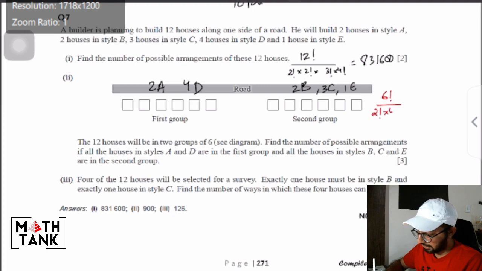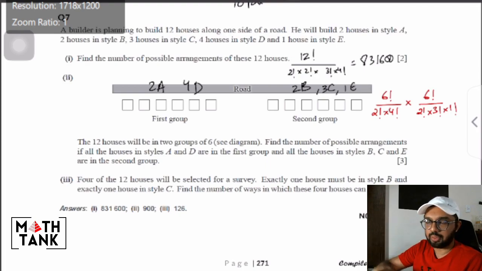So the first group had 6, so 6 factorial, but there were a lot of identical ones, so 2 factorial into 2 factorial. But you see now the event is not complete, so you don't add, you multiply. You multiply till the event gets completed, and the event will get completed when I arrange the other set as well. So 6 factorial, 2 factorial, 3 factorial, and 1 factorial. That should give me the correct answer.